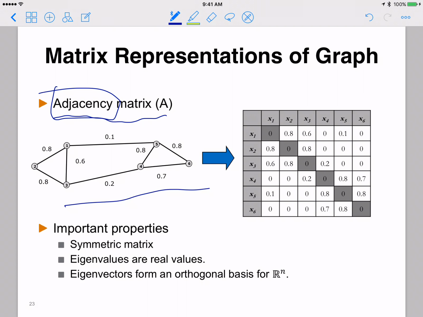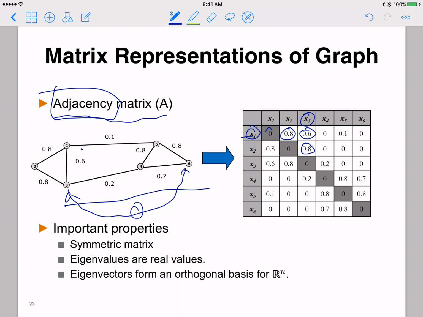In this particular graph, nodes 3 and 6 have no edge, which means they have zero similarity, or zero value as edge weight. So we only have non-zero edge weights in the corresponding pairs that have edges.